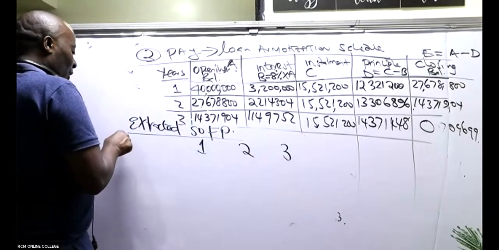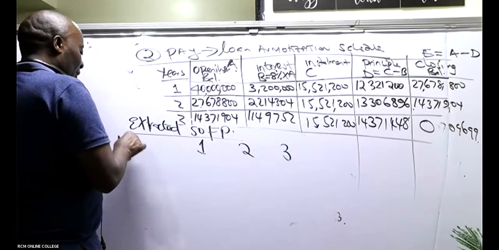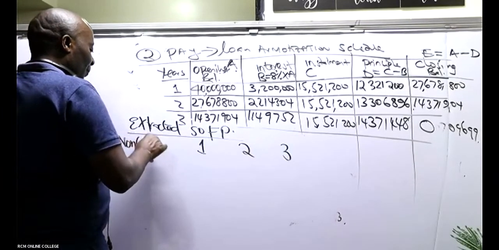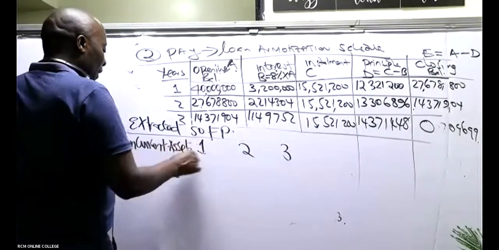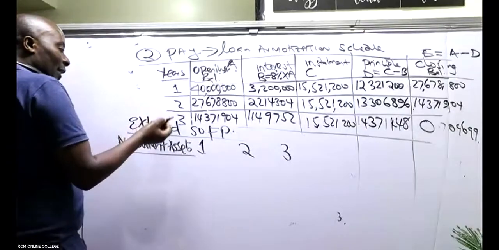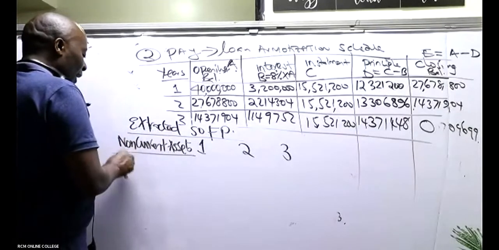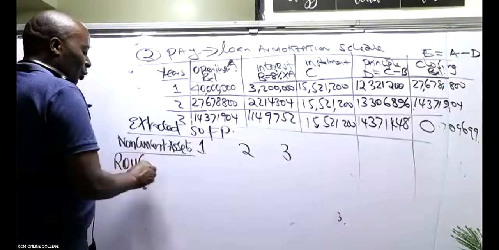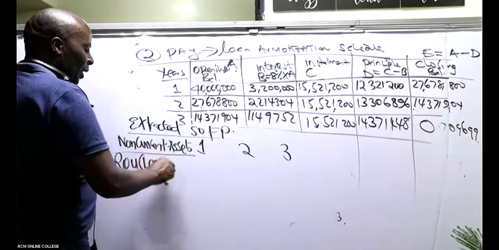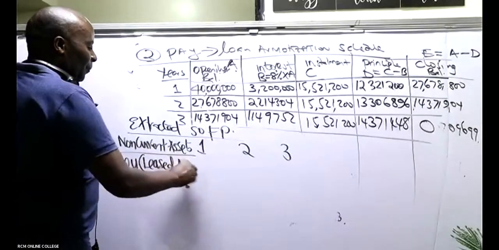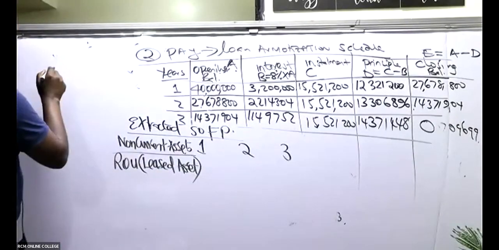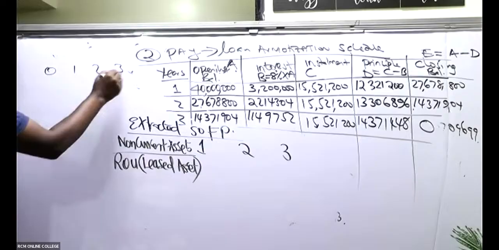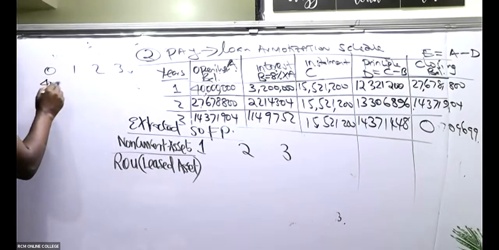First of all, you start with non-current assets. The non-current assets, you shall always begin with this leased asset. We call it ROU, right of use. You can simply put it there as leased asset. At time 0, we began with 40 million.